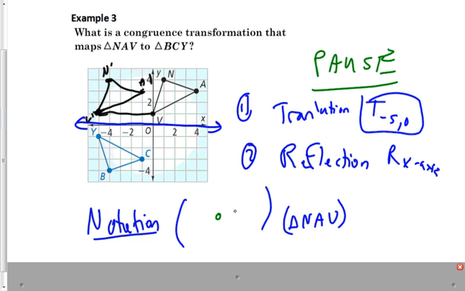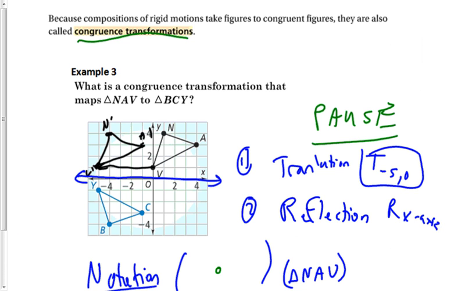So we use our little composition symbol because you're doing a reflection across the x-axis of the thing you already did, which was a translation of -5, 0. Okay, so that would be the notation of that. And that would get you to triangle BCY.